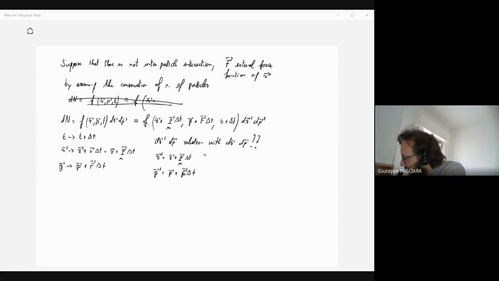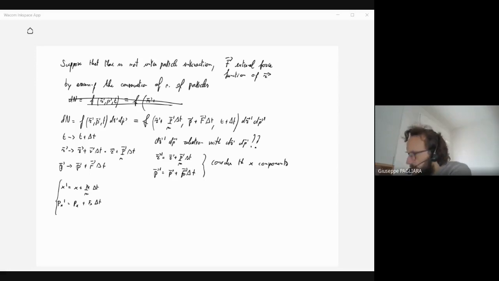Therefore, consider just the x components. x prime will be x plus px divided by m delta t, and px prime will be px plus fx delta t.